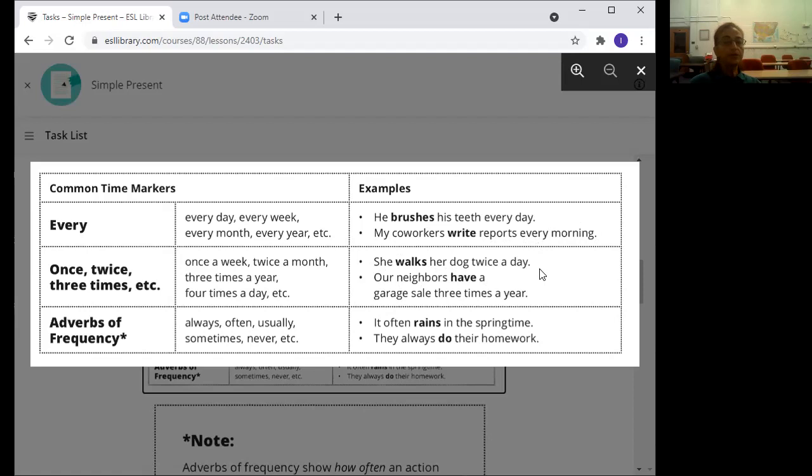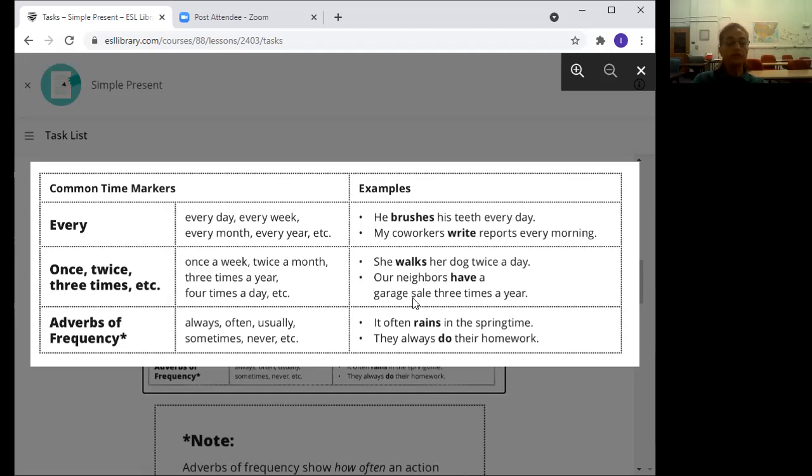Our neighbors have a garage sale 3 times a year. So 3 times a year is a repetition of that action. And another thing is when you indicate some sort of repetition, that is a frequency, how frequently you repeat a certain action.